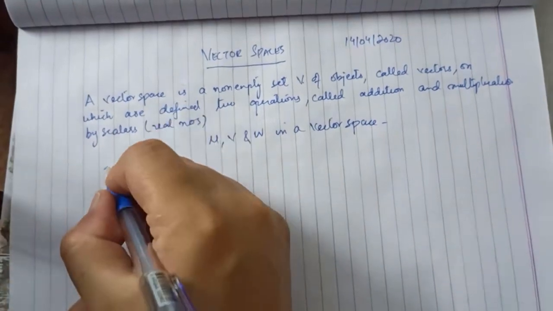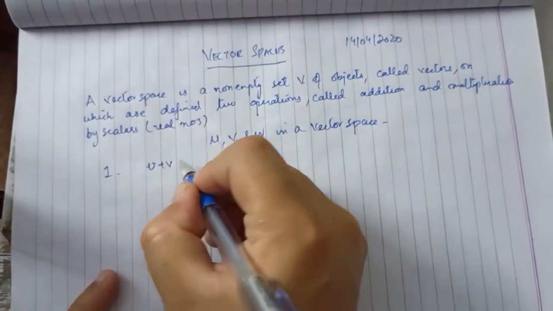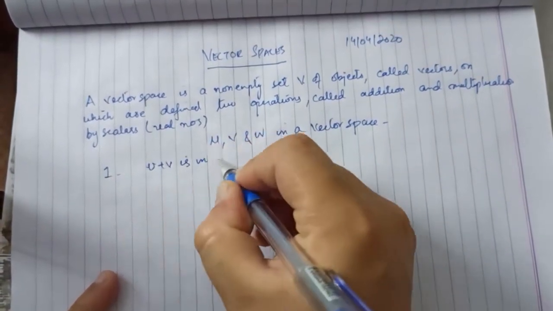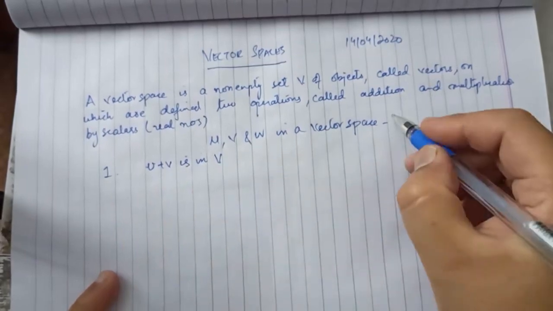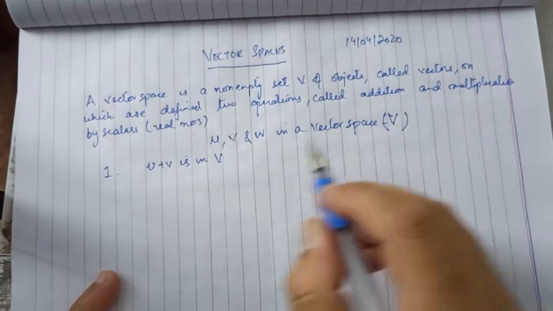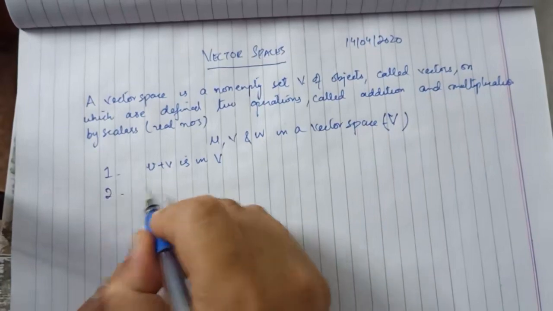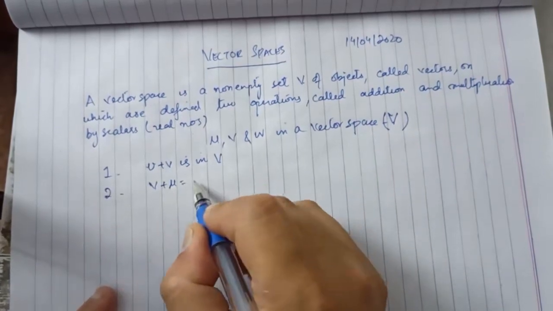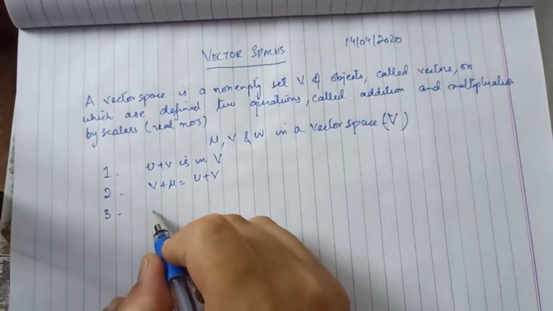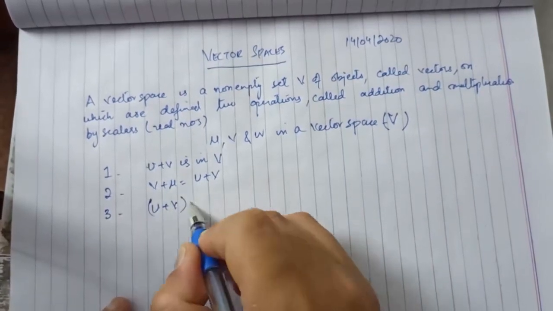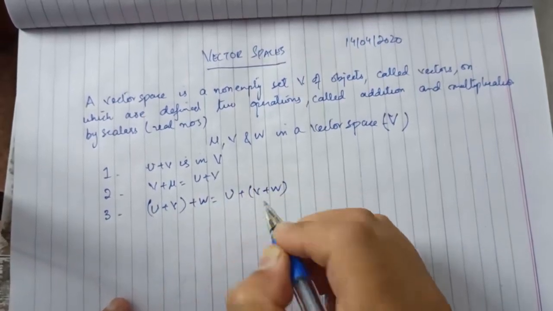So if there are vectors u, v and w in a vector space V, first of all, the sum u plus v is in V. The second one is v plus u equals u plus v, and similarly the third one is u plus v plus w equals u plus v plus w.